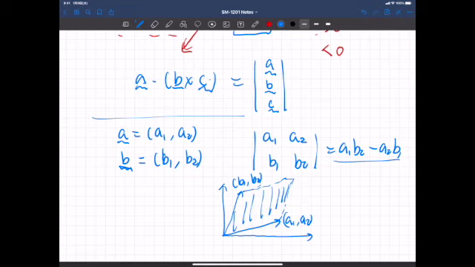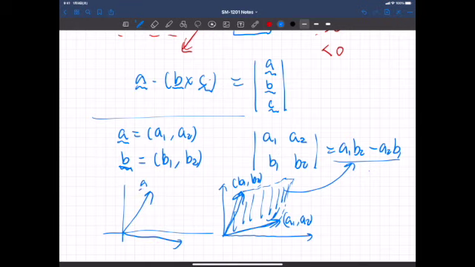So this area corresponds to this determinant. And also this is signed area. So when A is here and B is here, then this is positive. But in case where A is here and B is here, this is A and B. So in this case, this area is negative. You should try to prove this by using some geometric argument.